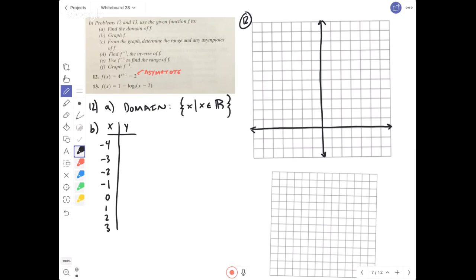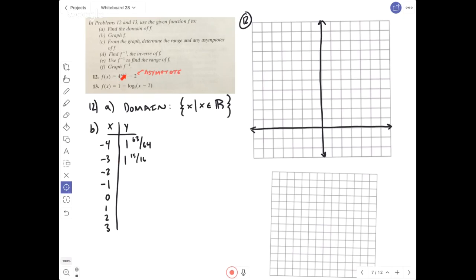So that's negative 1 and 63/64. Then here, negative 3 plus 1 is negative 2. So that's 1 over 4 squared, which is 1/16, minus 2 is negative 1 and 15/16.